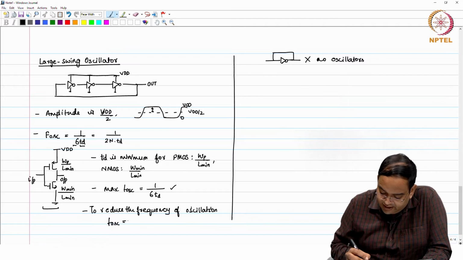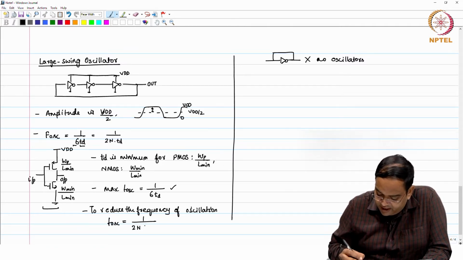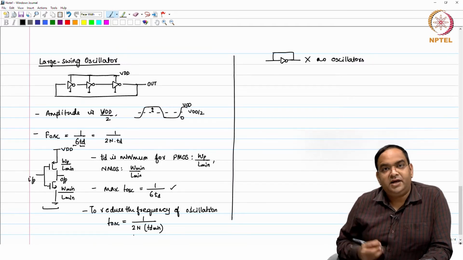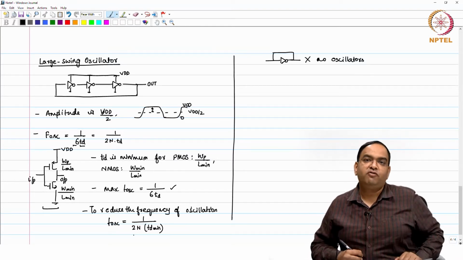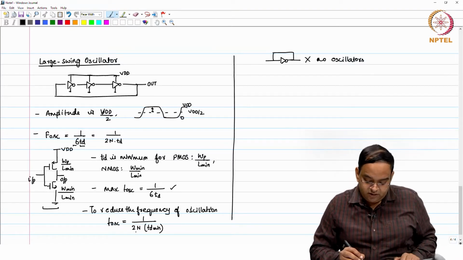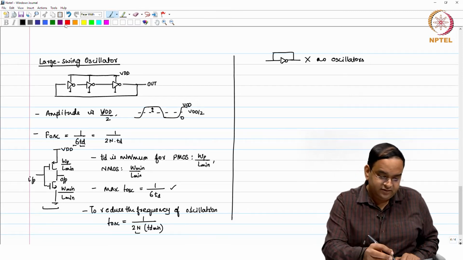F oscillation is 1 by 2 times n TD, and TD min I already have. So, I can only reduce the frequency of oscillation by increasing the period, by increasing this n.